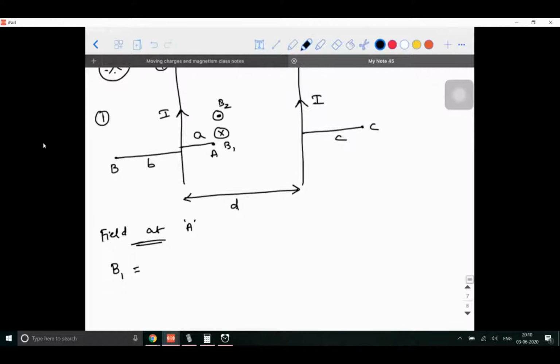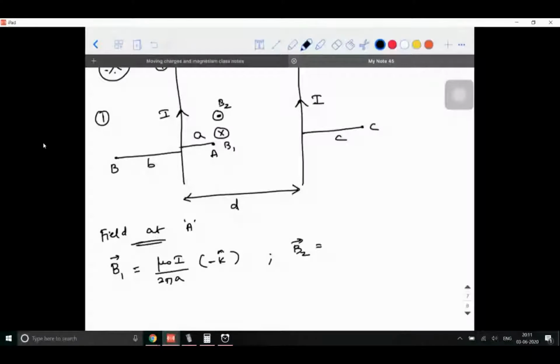So what is the value of B1 then? Mu naught I divided by 2 pi A. Can I put it as minus K cap here? Yes sir. So similarly, what is B2 vector?